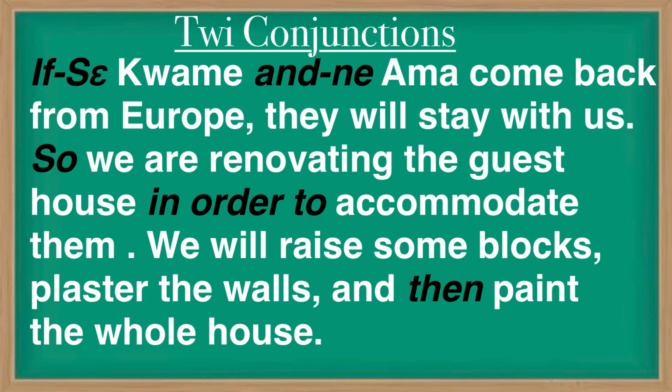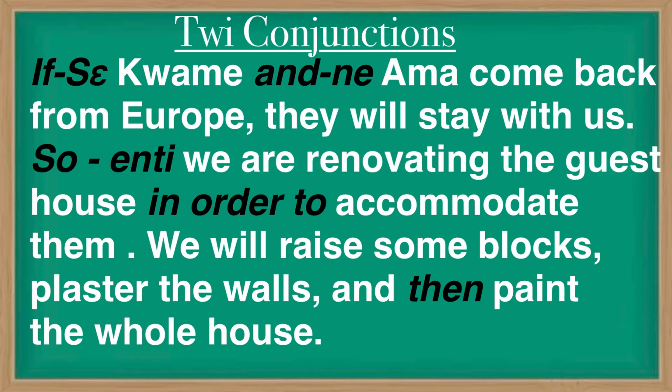Good. Let's go to the next conjunction in the passage. We said, so we are renovating the house in order to accommodate them. So we have so and in order to. So in Twi, we will say enti. We are renovating the house, so we are renovating the house.